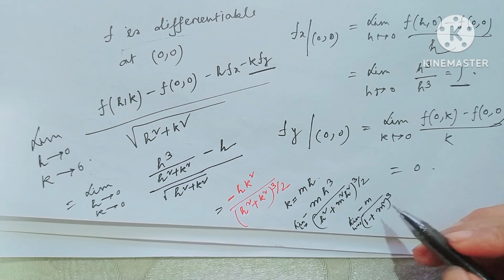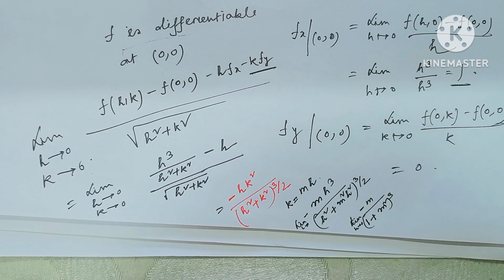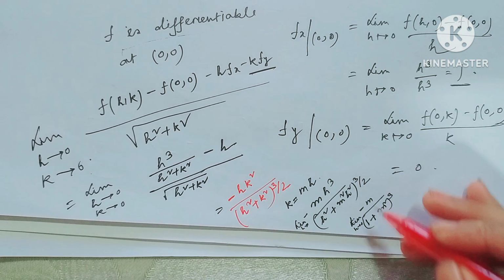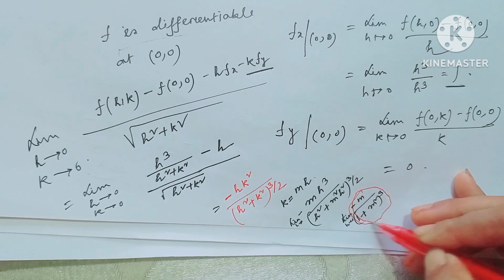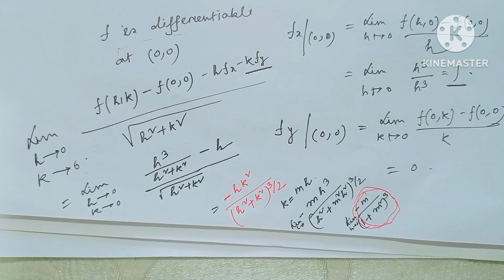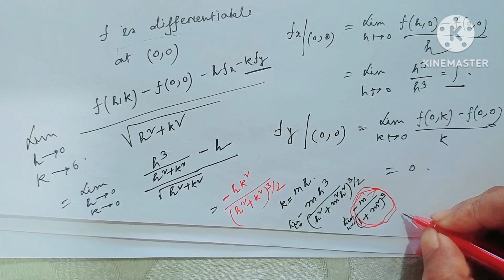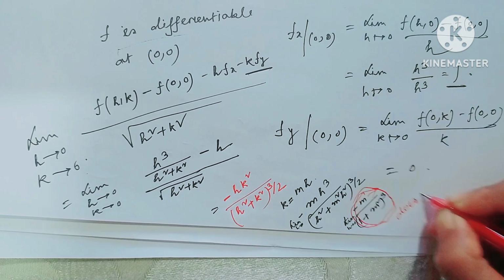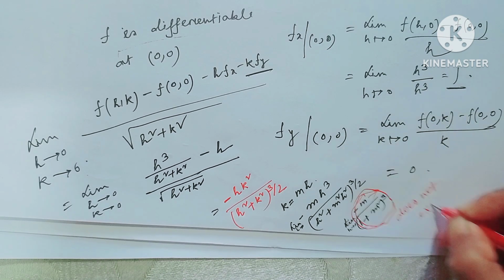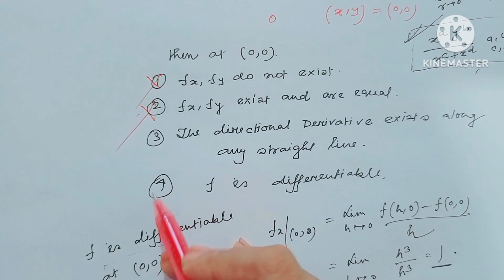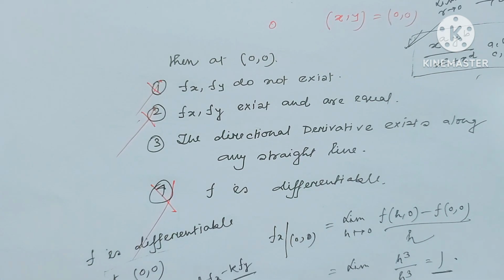For different values of m, the limiting value would be different. Since the limit depends on m, this limit does not exist. Since the limit does not exist, the function is not differentiable. So the option that the function is differentiable is the wrong option.